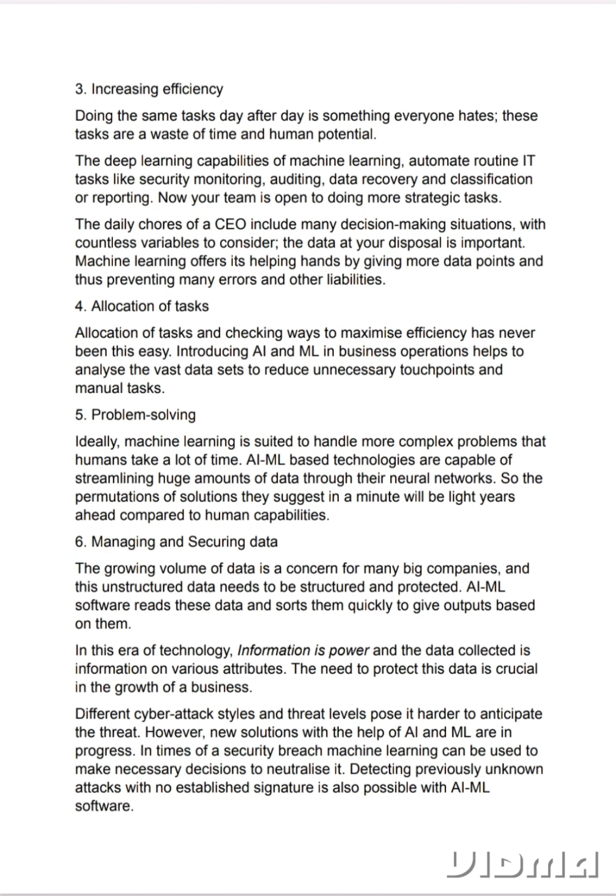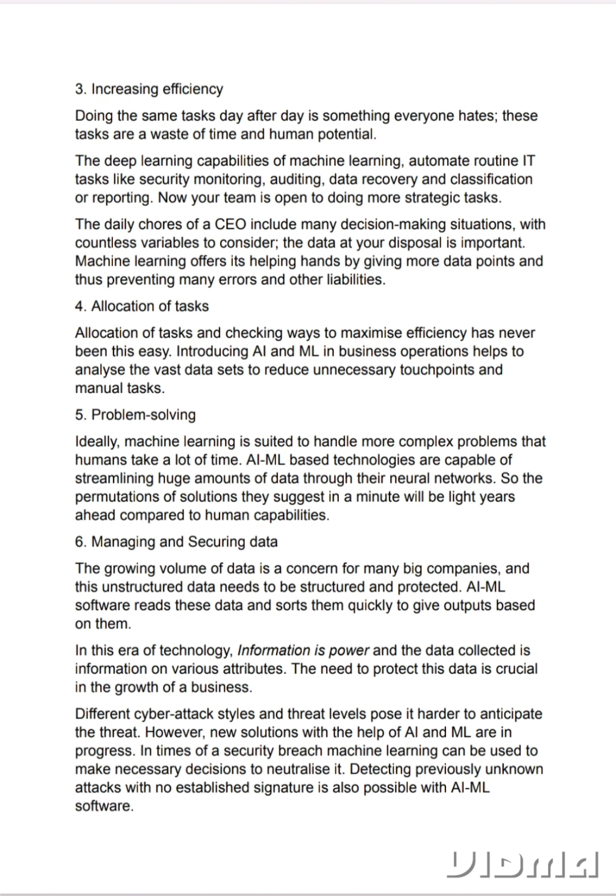3. Increasing efficiency. Doing the same tasks day after day is something everyone hates. These tasks are a waste of time and human potential. The deep learning capabilities of machine learning automate routine IT tasks like security monitoring, auditing, data recovery and classification, or reporting.